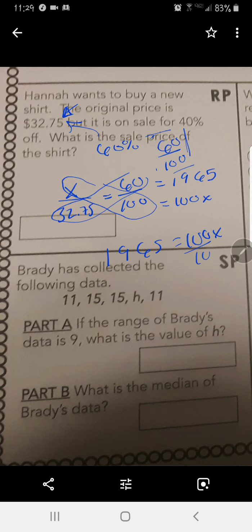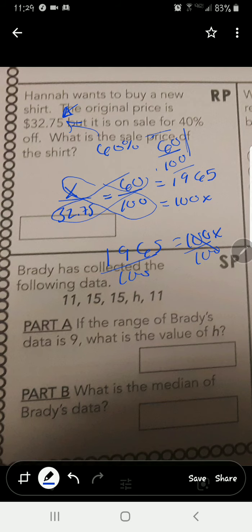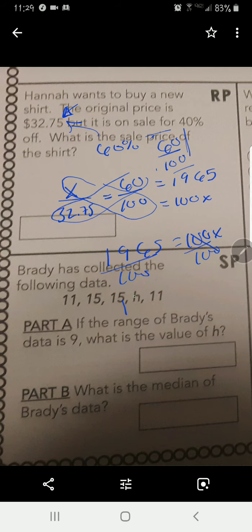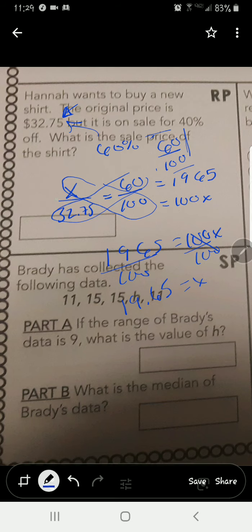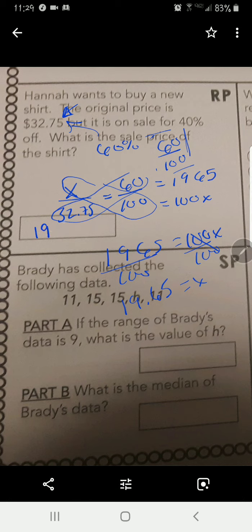So just divide each by 100. $19.65 equals x. So the price of the shirt, the sale price, is $19.65.